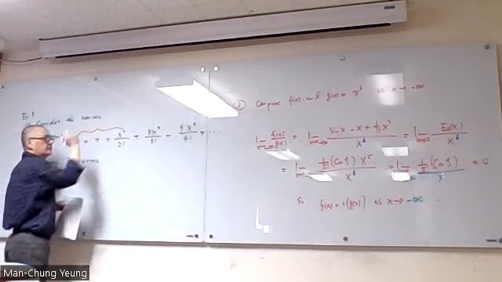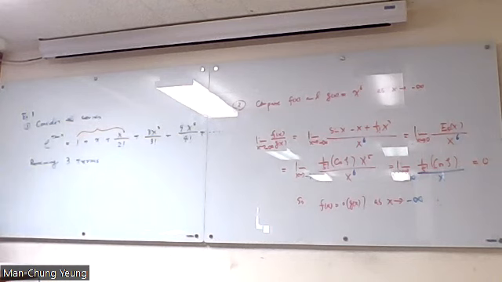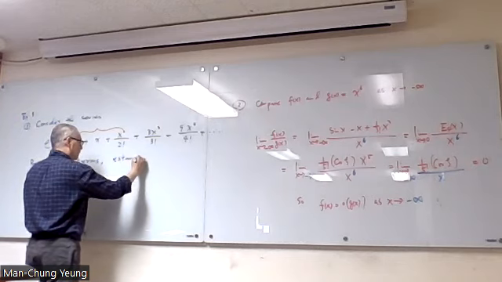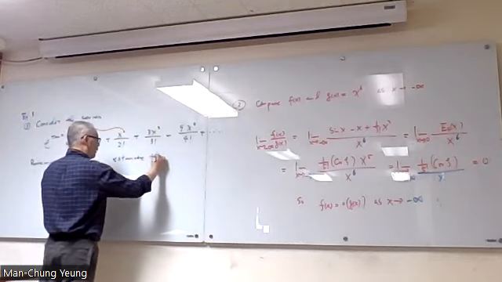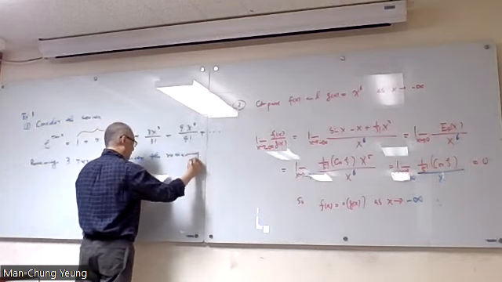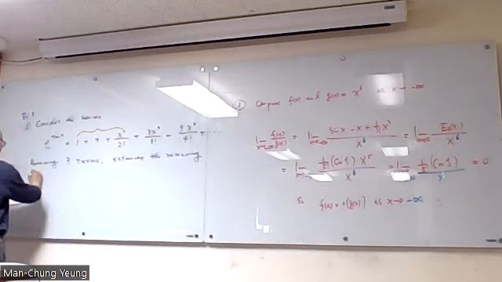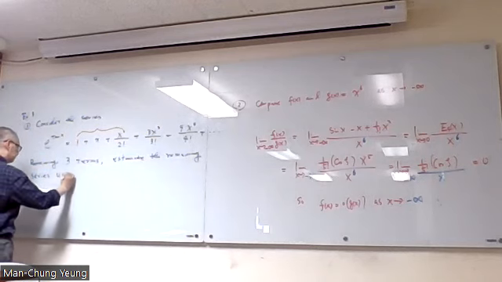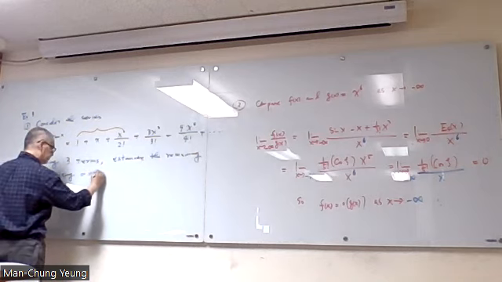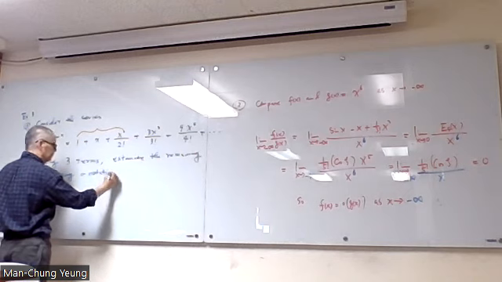Retaining these 3 terms, estimate the remaining series using little o notation.